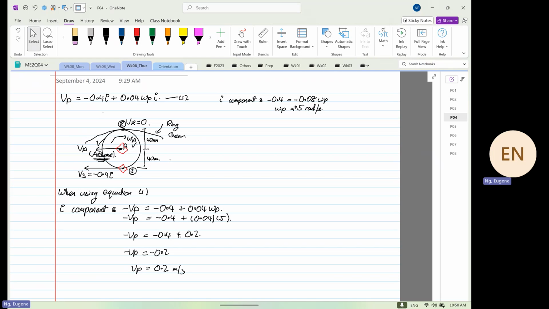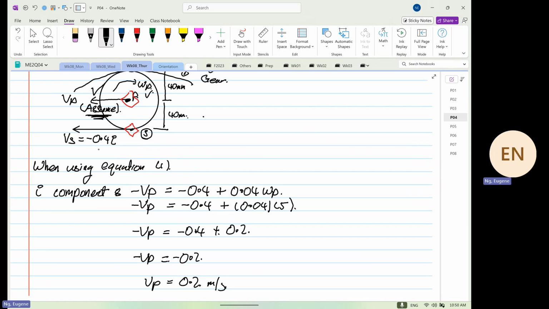It's possible. Yep. Say it again. The linear velocity can be the same.